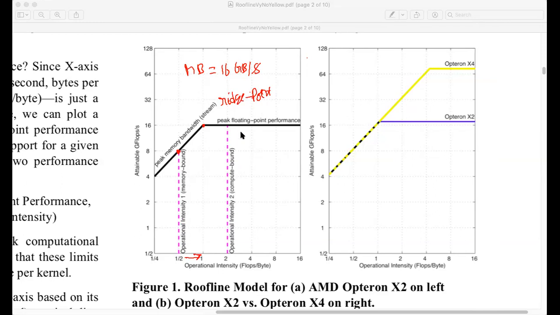So, processor manufacturers should not blindly just jack up the hardware resources for computations, because of other bottlenecks, you will never be able to use all the compute power which you are providing to the programmer. Great.